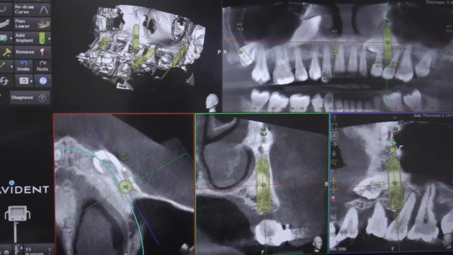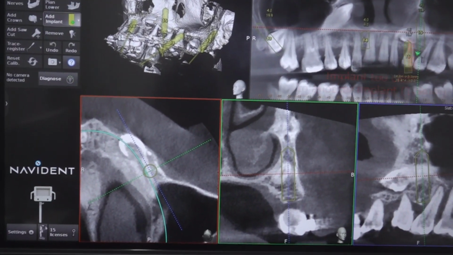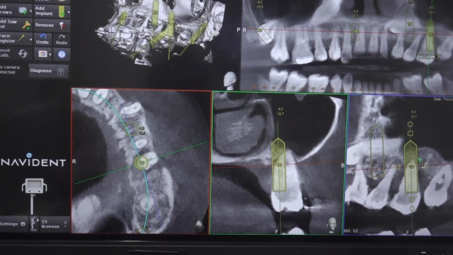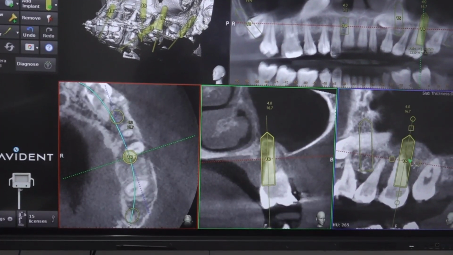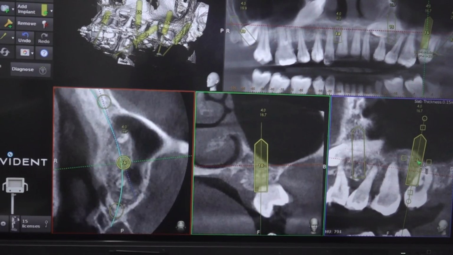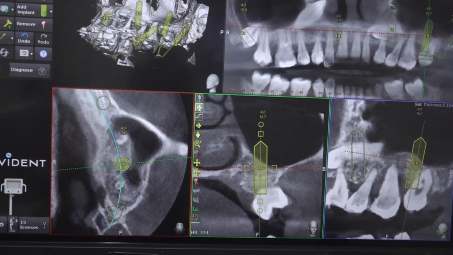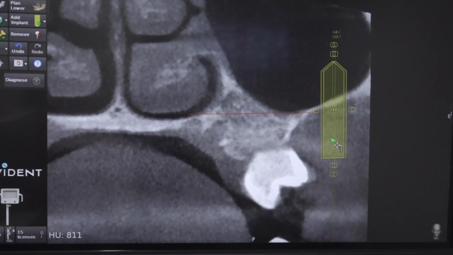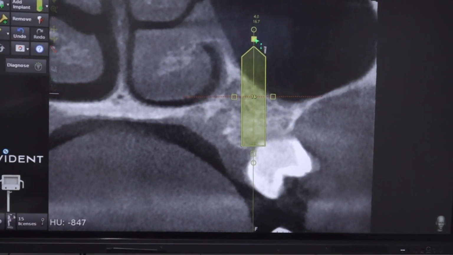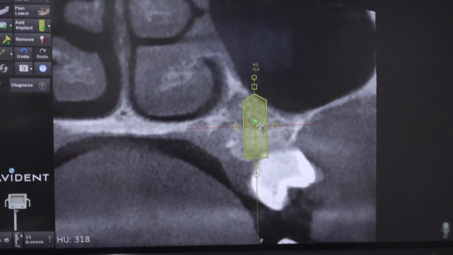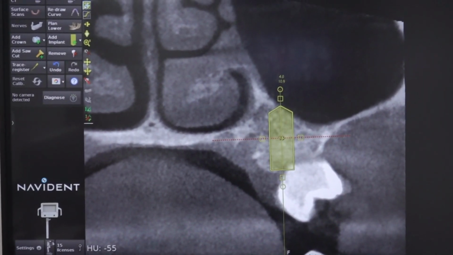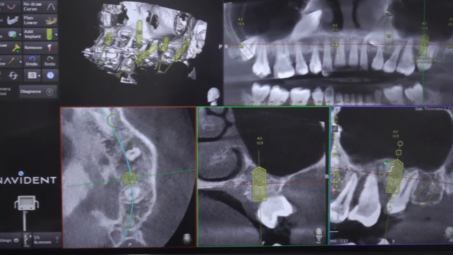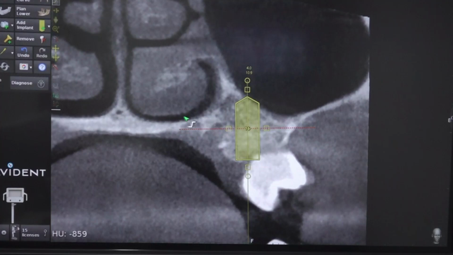So on the left side, we'll check any other option. In the 6, not at all possible. Between 6 and 7, maybe some small bone is there. Maybe 8 by 11 mm we can place in between. We'll see the 360 degree.